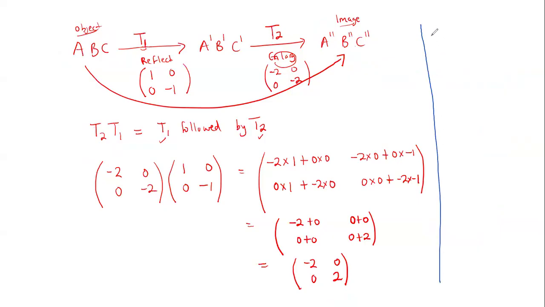Can we just add that question? Let's just add maybe a part there. Find a single matrix transformation that can undo, sometimes they can say that can take you back from A double prime, B double prime, C double prime to obtain the original object.